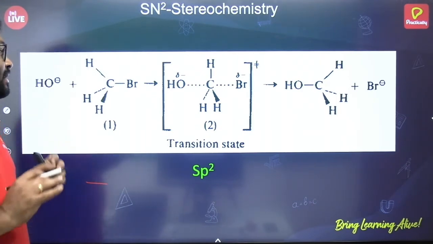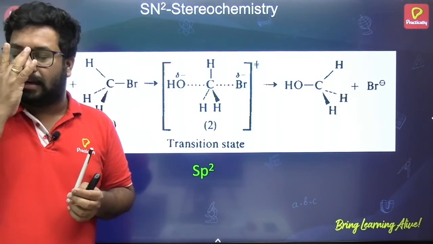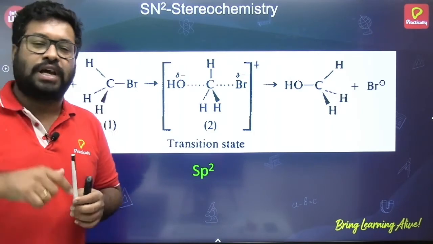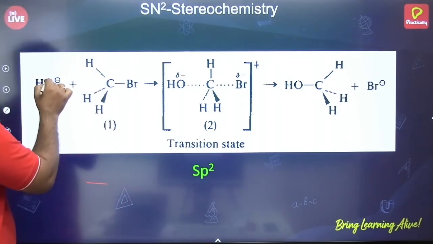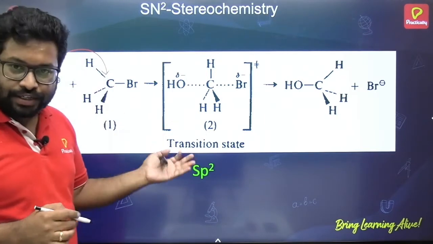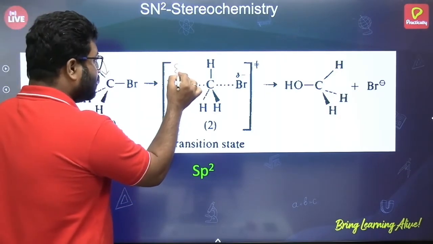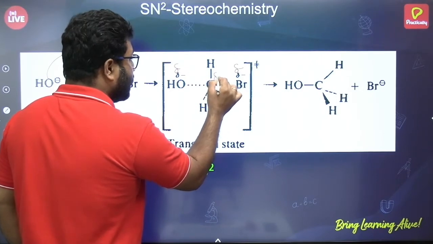Only thing is that this time I have brought a reactant. I have put C, hydrogen, and OH minus is attacking your carbon. Here in the transition state, we know that oxygen has a delta minus on it, Br has a delta minus on it, and carbon has a delta plus on it.